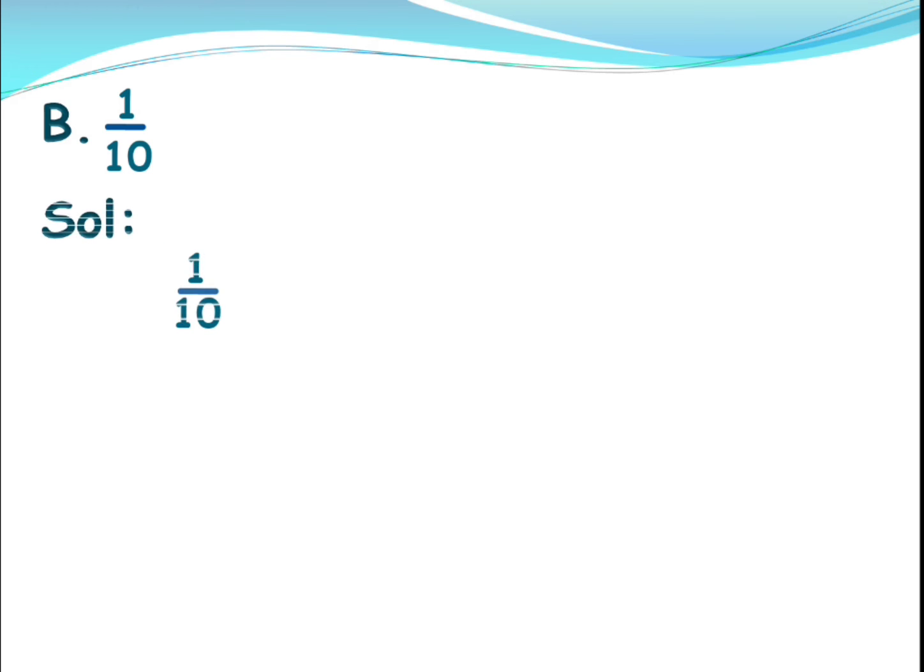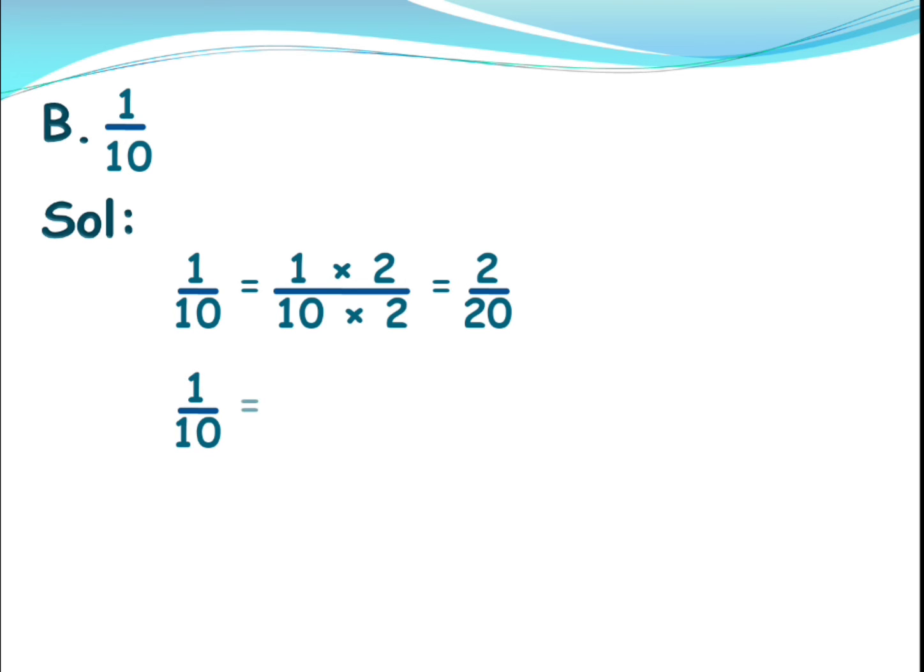So 1 by 10, I'll multiply by 2 in numerator and denominator, which becomes 1 into 2 by 10 into 2, which will be equal to 1 2s are 2, 10 2s are 20, 2 by 20. Okay, let's find one more. 1 by 10 is equal to 1 into 3 by 10 into 3.